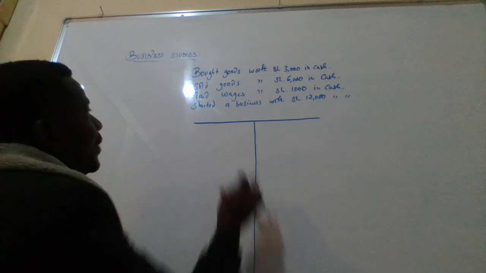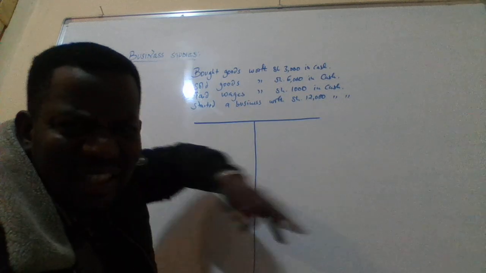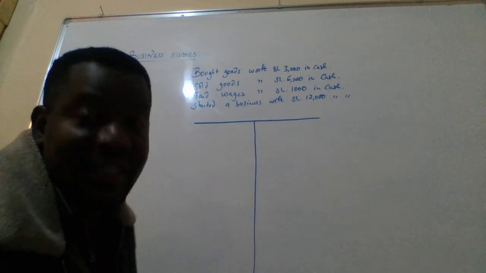That way. So for the first one, we are talking about bought goods. Anything to do with bought goods is purchases.